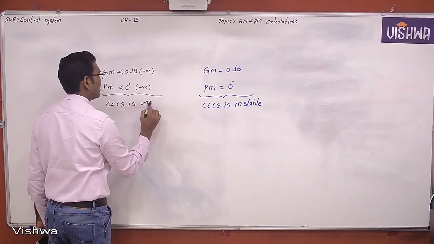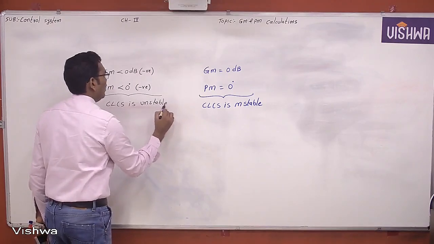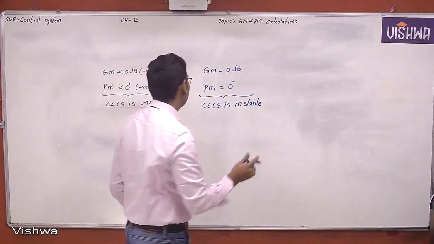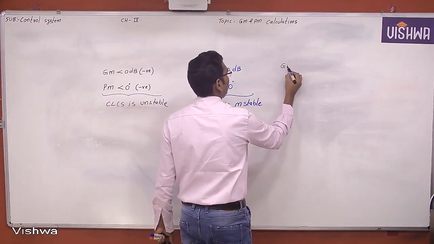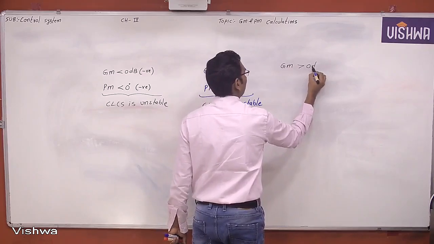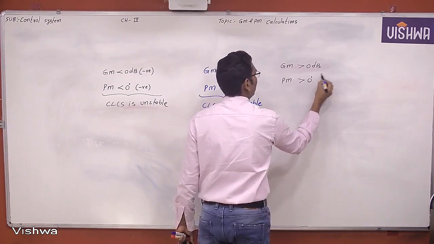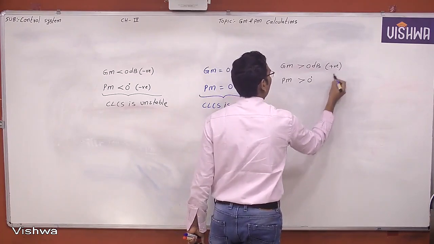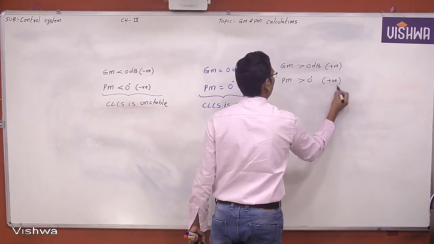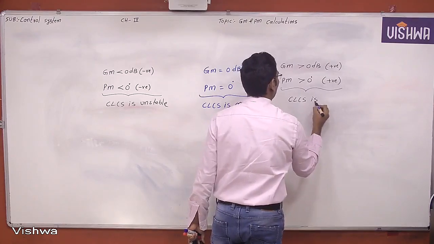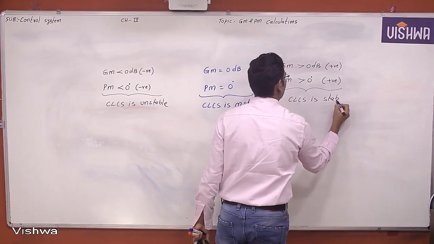is unstable. If my system maintains a sufficient gain and sufficient phase, that is, if the gain margin is greater than 0 dB and the phase margin is greater than 0 degrees, this is a positive value. This is also a positive value. Then the closed loop control system is stable.